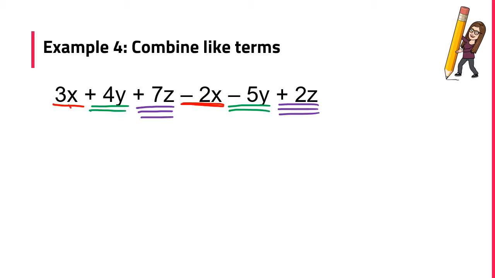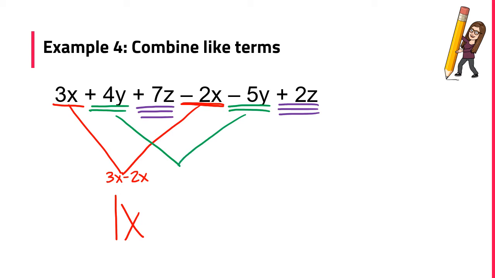So let's combine. If I have 3x minus 2x, well, 3x's minus 2x leaves me with 1x. Let's look at our 2 lines. That's a positive 4y minus 5y. Ooh, if you're going to keep change on this one, it would be 4y plus negative 5y.